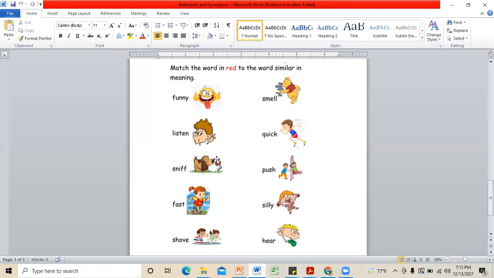Sniff is somewhat similar to smell, but mostly we use the word sniff for animals, maybe a dog or a cat. They sniff, right? Even for people we can say sniff, but it matches animals more. But it is a synonym for smell.